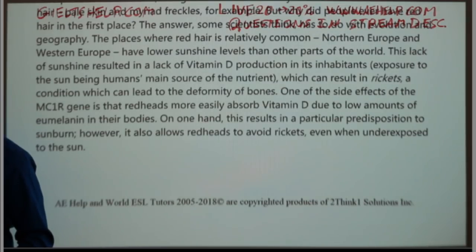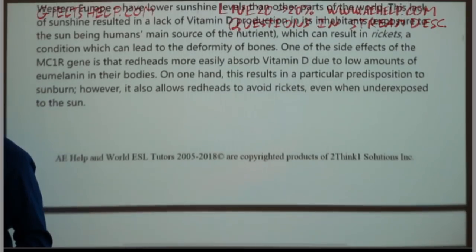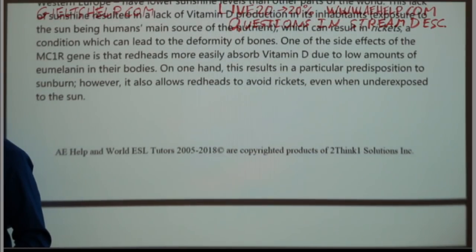One of the side effects of the MC1R gene is that redheads more easily absorb vitamin D due to the low amounts of eumelanin in their bodies. On one hand, this results in a particular predisposition to sunburn. However, it also allows redheads to avoid rickets even when underexposed to the sun.